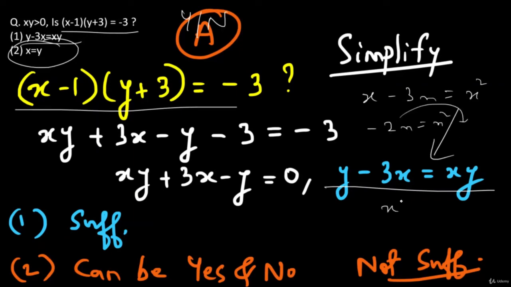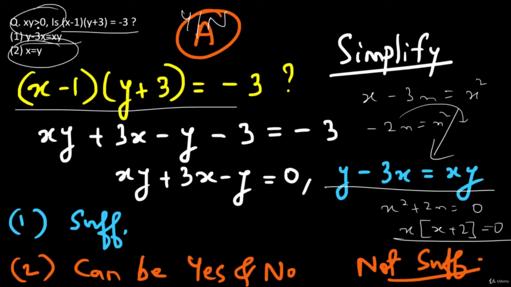So you get x square plus 2x is equal to 0, or x into (x plus 2) is equal to 0. Now this will be true when x is equal to 0 or x is equal to minus 2. Now remember, in the question it is given that x into y is greater than 0. So x is equal to 0 is not possible. So therefore this equation over here will be true only when x is equal to minus 2 and y is equal to minus 2, right?